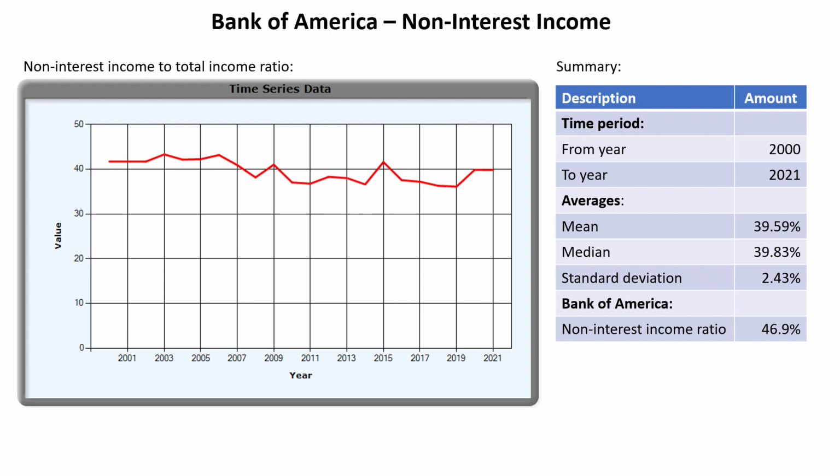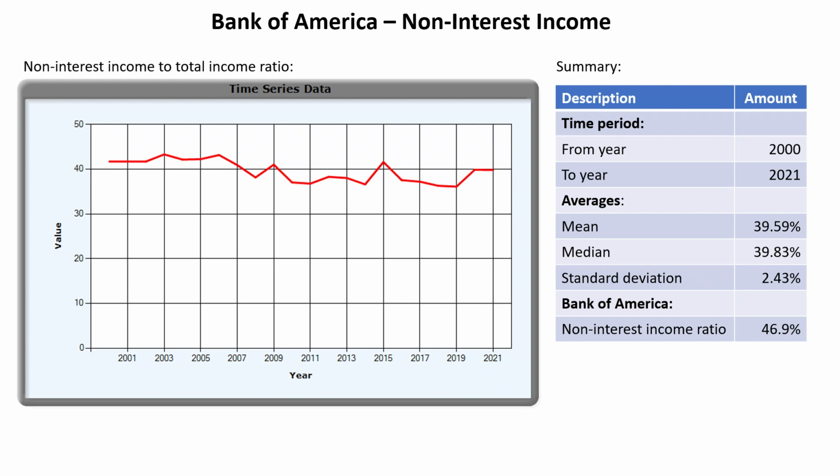In this slide, we want to take a look at non-interest income for banks in general. That graph on the left-hand side is non-interest income for all the banks that the Federal Reserve looks at. We can see the ratio of non-interest income to total income. In other words, if I take non-interest income and divide that by non-interest income plus the income from the spread business, I get around 40%.